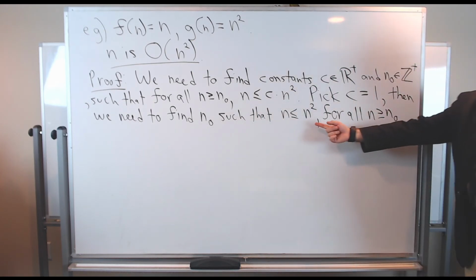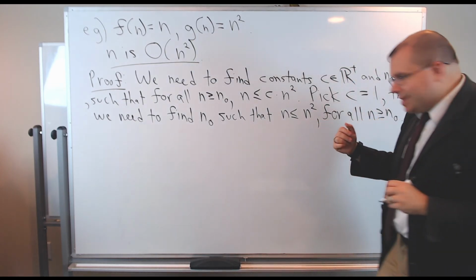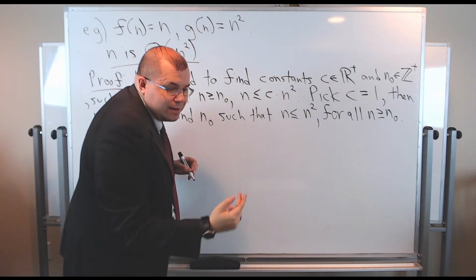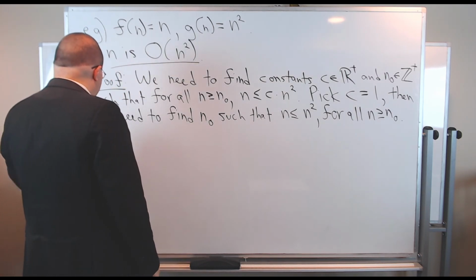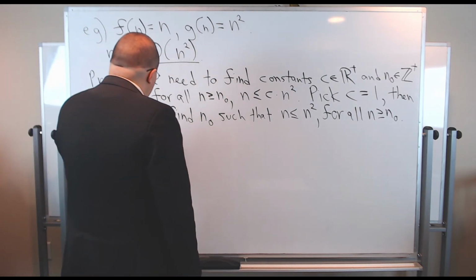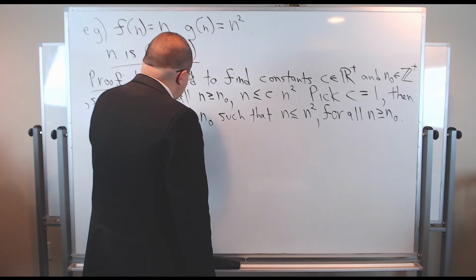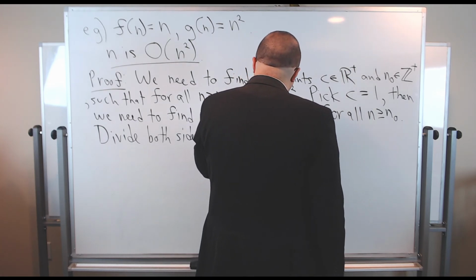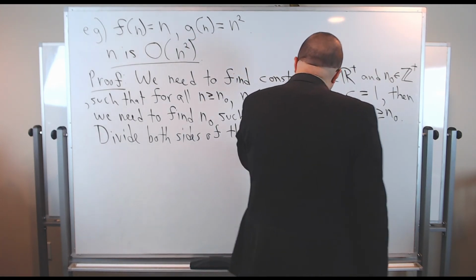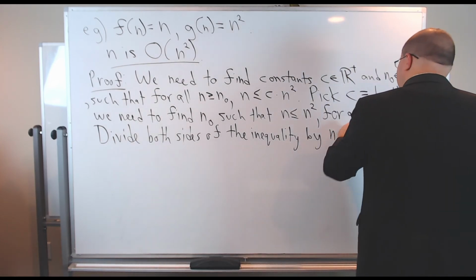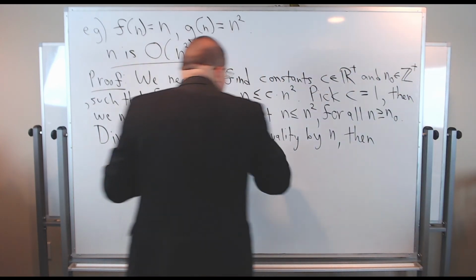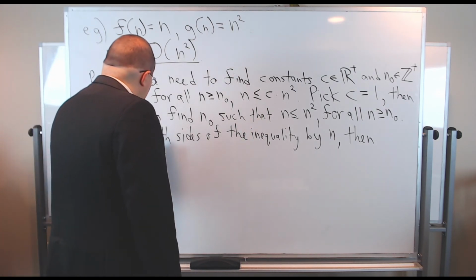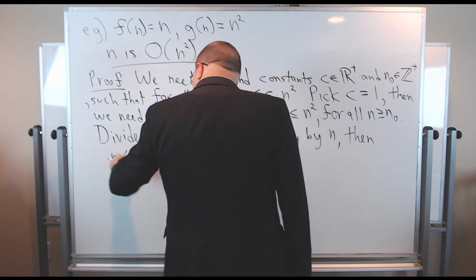Do you see any algebraic step I can do here to make this greatly simplified? Well, what I recommend is dividing both sides of this inequality by n. Then n is less than or equal to n squared is equivalent to me writing that I'm going to divide n on both sides.